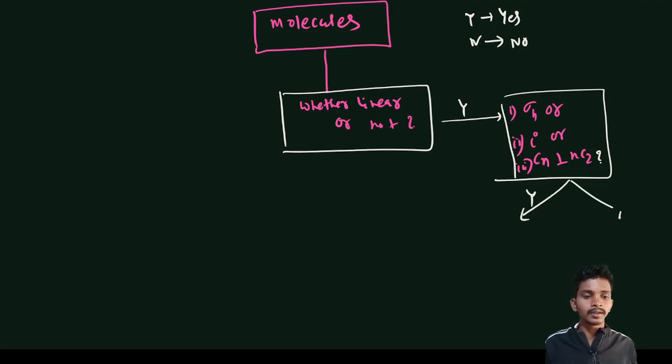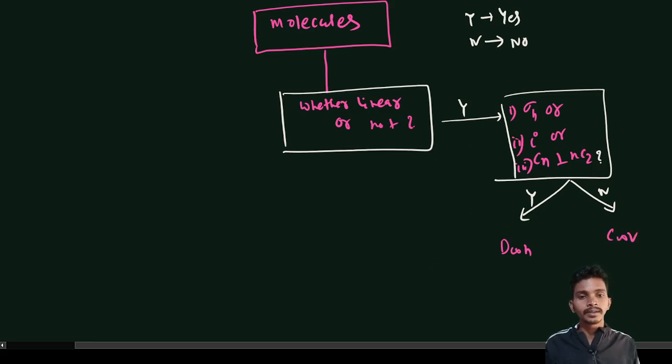If it is yes, then the point group is D infinity h, and if it is no, then it is C infinity v.